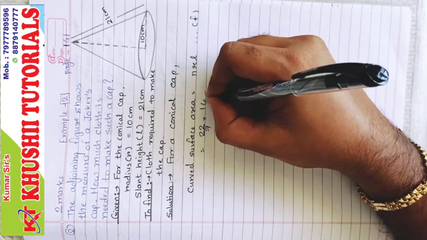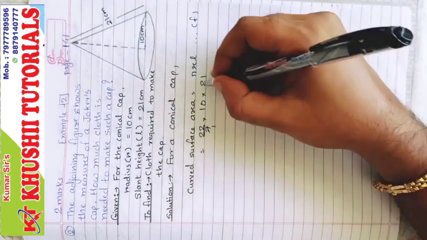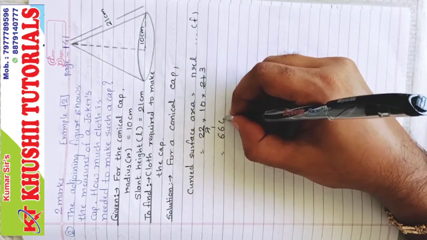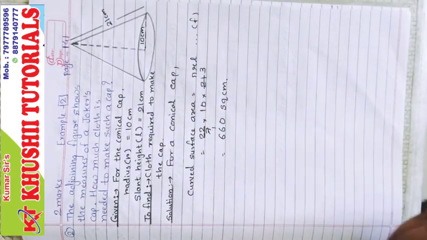R is given 10 and slant height is 21. 7 1s are 7, 7 3s are 21. 22 3s are 66. So 660 square centimeter, that is curved surface area.